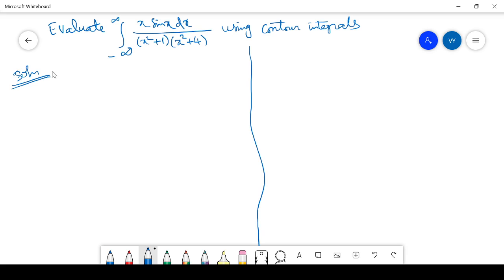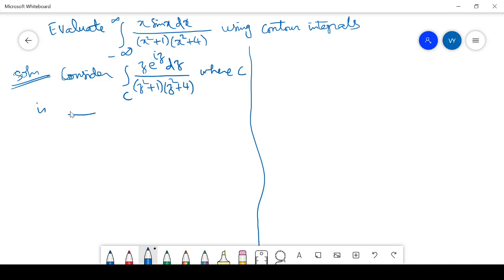Now what you will do is, we will consider the integral over C of z e power iz dz by (z squared plus 1) into (z squared plus 4), where C is the upper half of the complex plane, a semicircle with the radius R. So now what I have done, I have just replaced x with z.